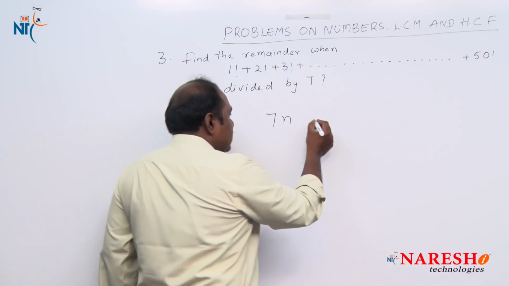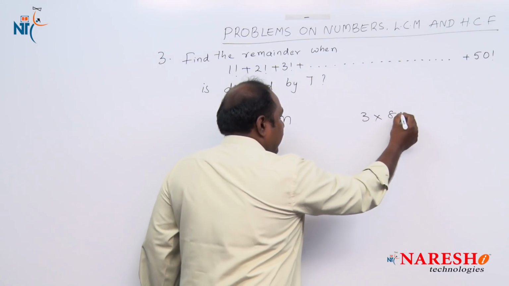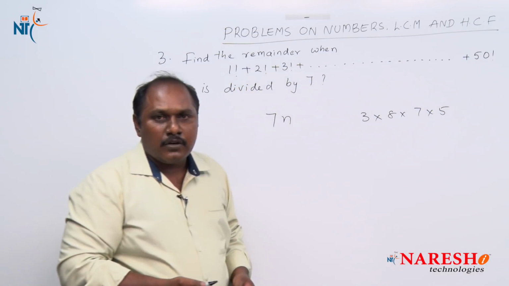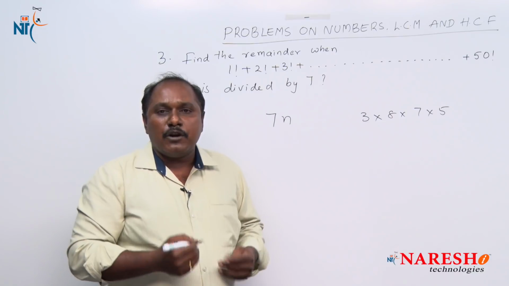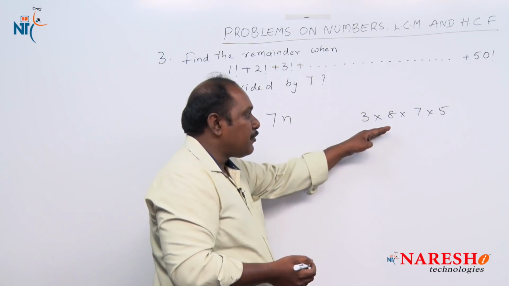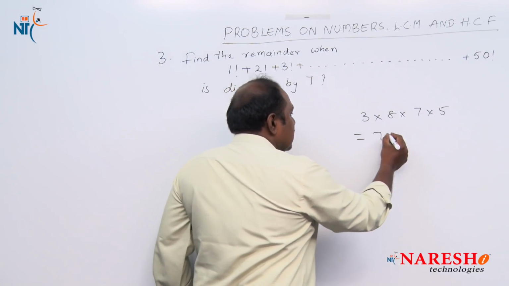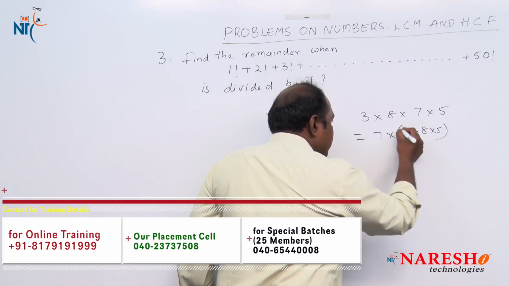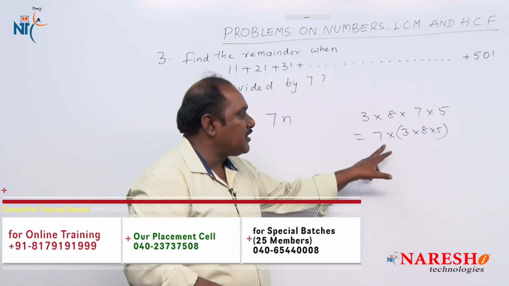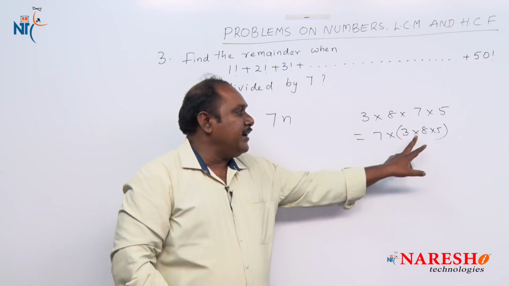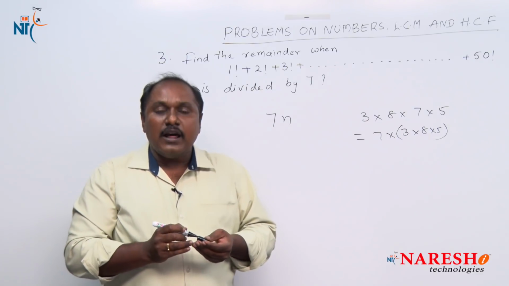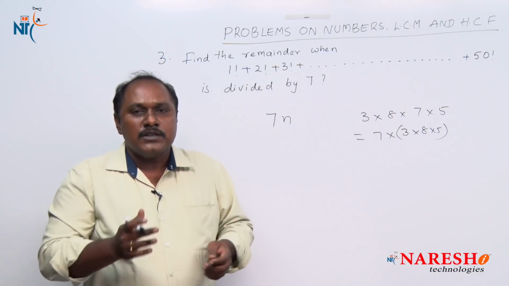Suppose I take a small example, 3 into 8 into 7 into 5, is it a multiple of 7? Obviously it is, because I can write this product as 7 into 3 into 8 into 5. That is, I am able to write it in the form of 7n, where n is 3 into 8 into 5.